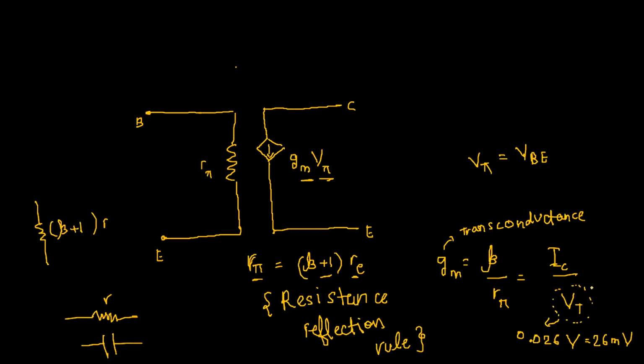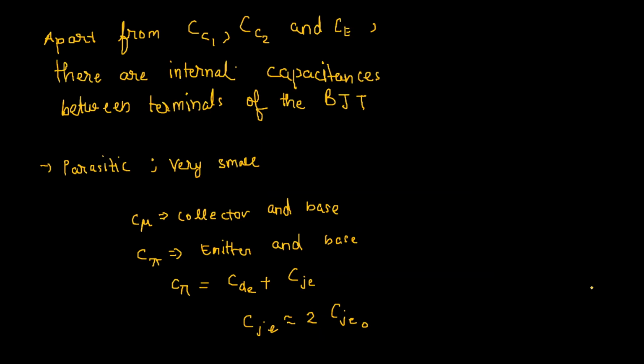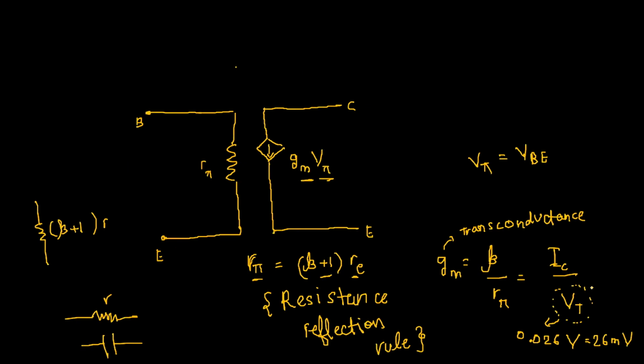Thermal voltage, like the name suggests, varies based on the temperature, but at room temperature, the fixed value for VT is 0.026 volt or 26 millivolt. Unless it's specified in the question that it's operating at a different temperature, we assume this is the value of thermal voltage. That basically covers the hybrid model part.